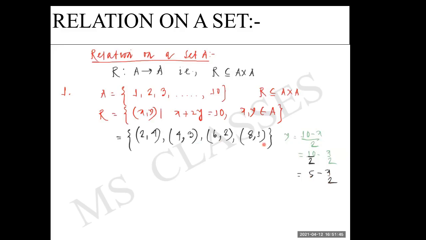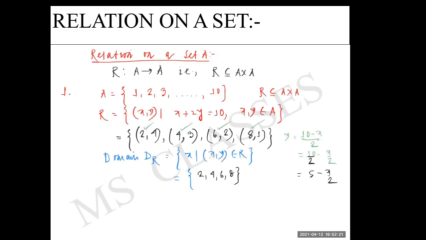Now, domain. What is the domain of the relation? Write it down. But at first, the writing part is very important. At first you write the definition. What is the definition? X such that x comma y belongs to R. At first you write the definition and then you write 2, 4, 6, 8.